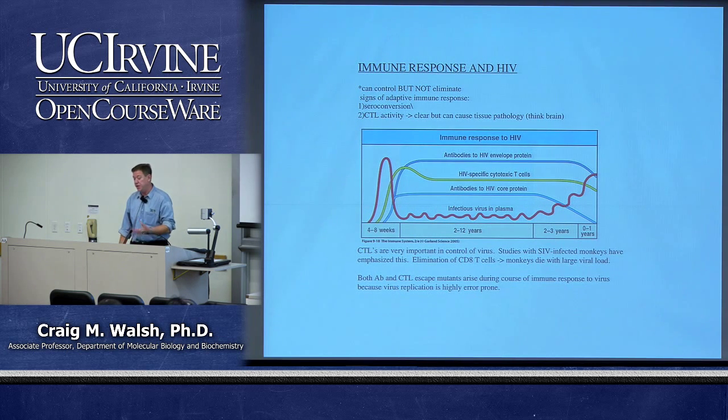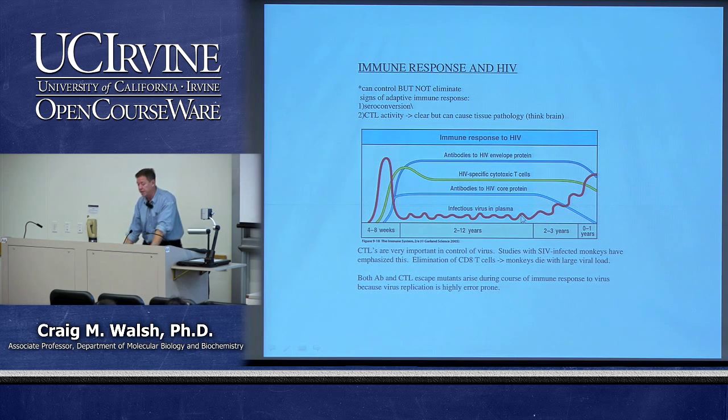So as I was mentioning, you have this immune response that's important for controlling this initial viremia. Within the first few weeks, here we're looking at the virus inside of the plasma. You can see this big peak, which then stays relatively low for a variable period of time, although it's kind of cycling.